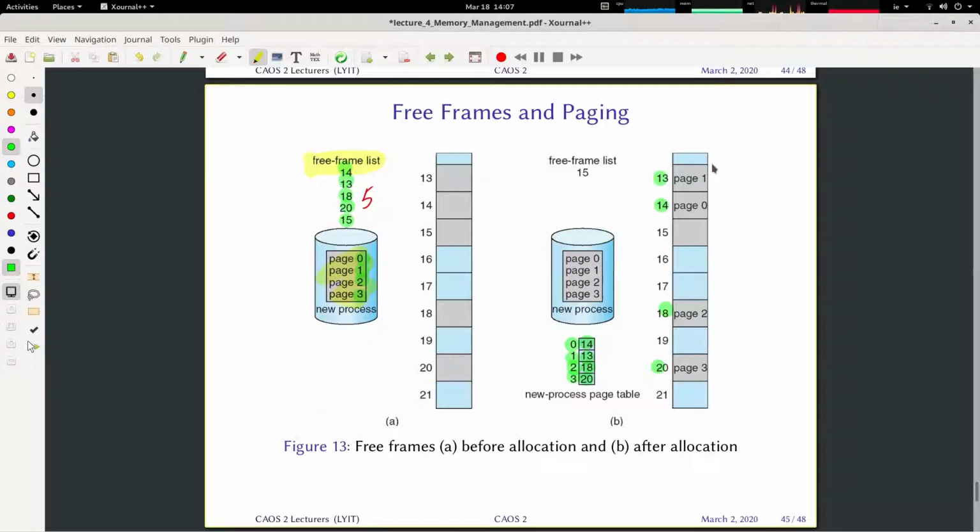So again, the important thing is these frames are not contiguous. As long as we have 4 frames available in main memory, then this process can run. Okay, so that's the key insight, and we also get, of course, protection and relocation using this system, because it incorporates the previous mechanisms by default of its translation mechanism.